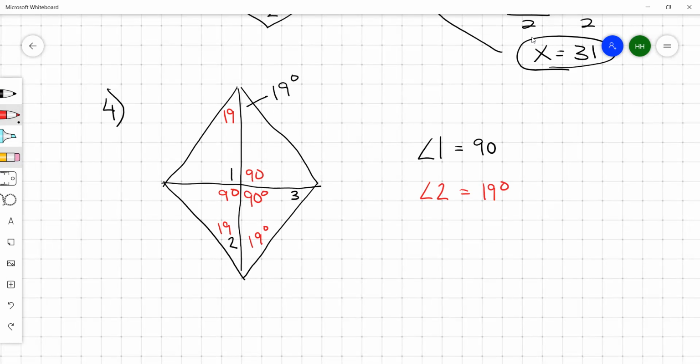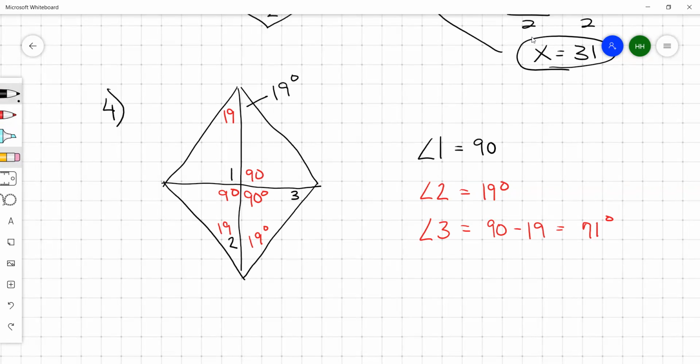So it's going to be whatever 90 minus 19 is. So angle 3 equals 90 minus 19. You sure? All right, 71 degrees. Got it? I'll take that as a yes.